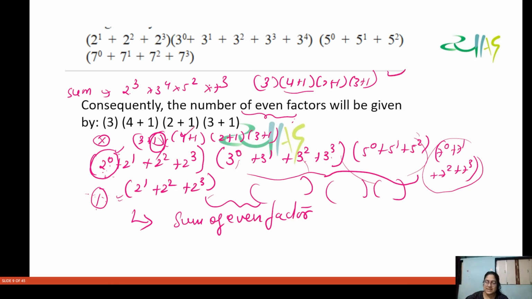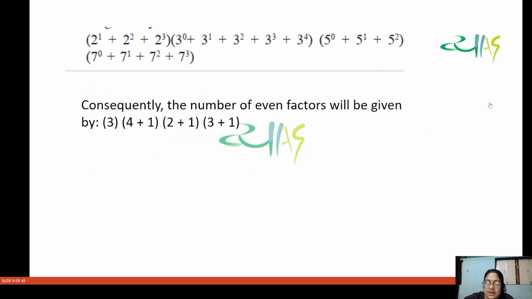I hope everybody is clear with this. If not, let's see this once again. I am saying that if I remove the 2 to the power 0 from here, I will remove all the terms which are odd, and this will give all the even number sum.